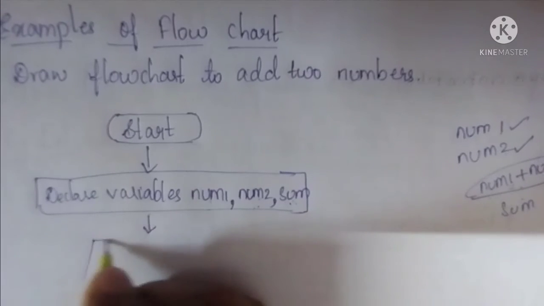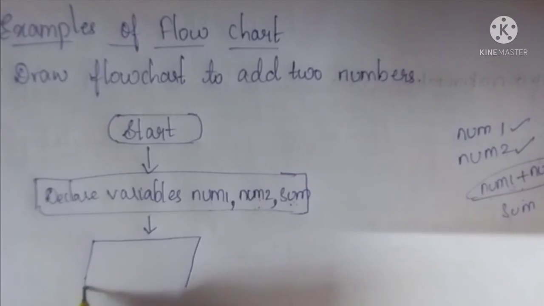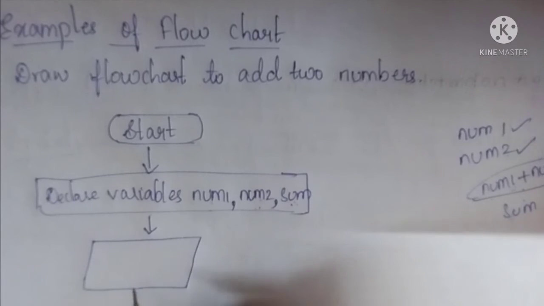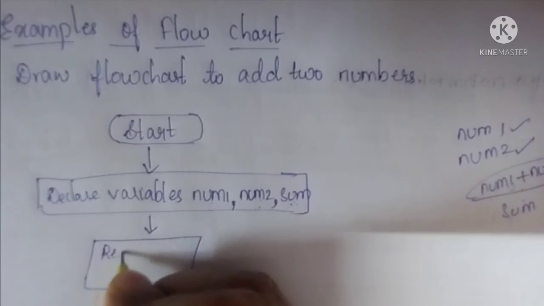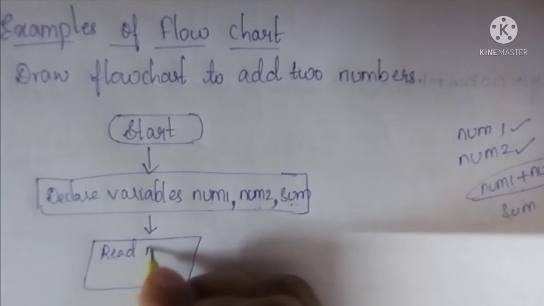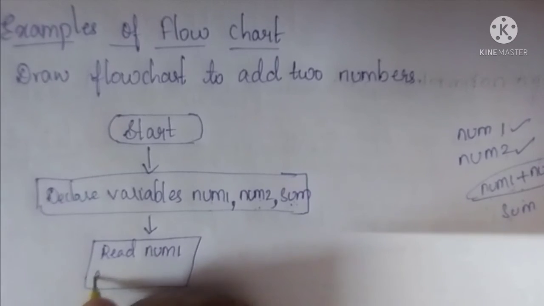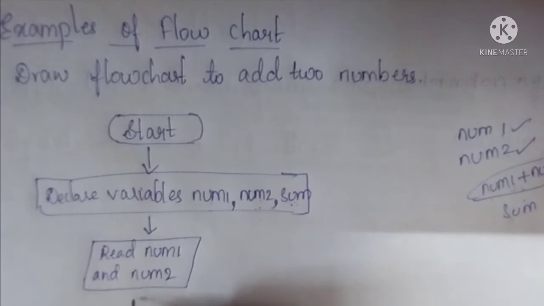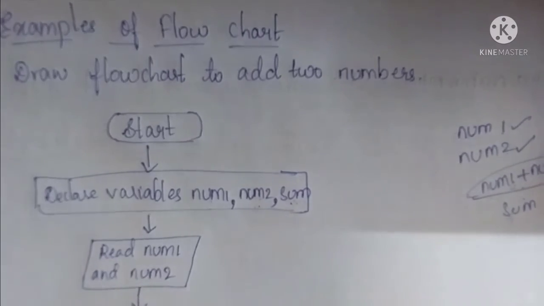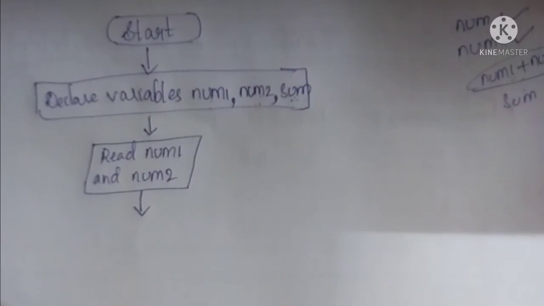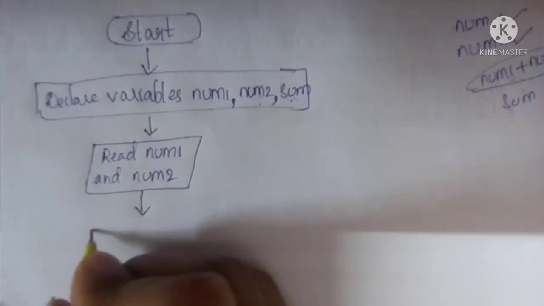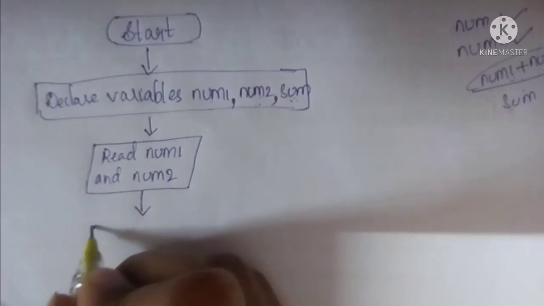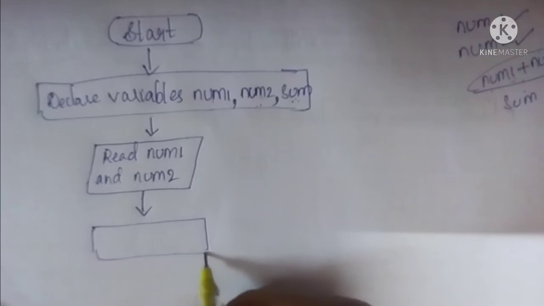After declaration of the variables, we have to read those variables. So I am writing here, read num1, that is number 1, and num2, that is number 2. Same flow line I am using here. After reading these two numbers, I have to do the addition.